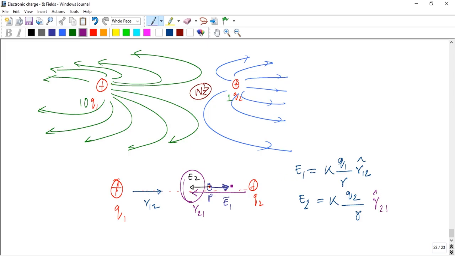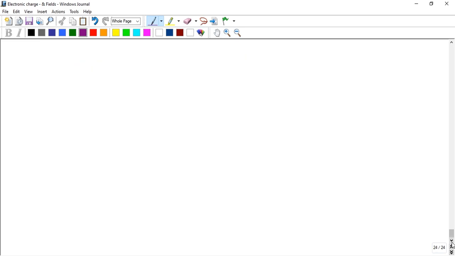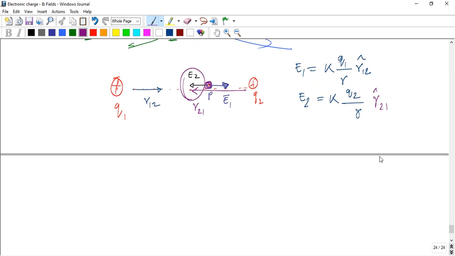If I add these two at point P, they add vectorially. So E1 plus E2 is K Q by R squared times (R12 cap plus R21 cap), where Q1 equals Q2.